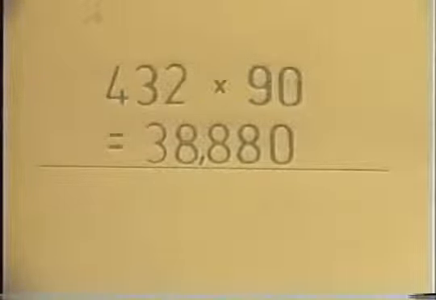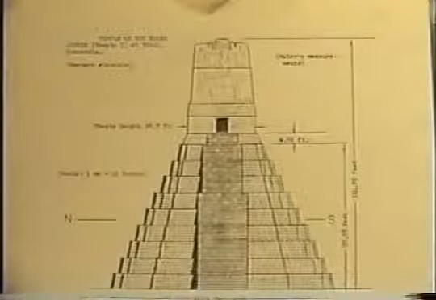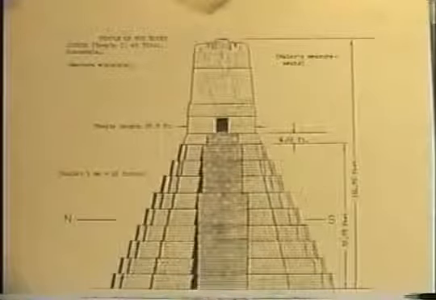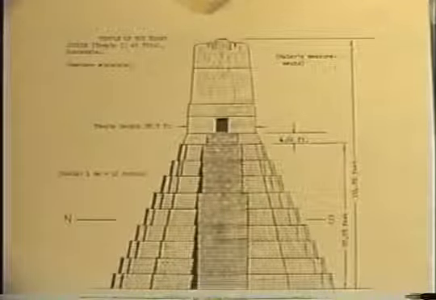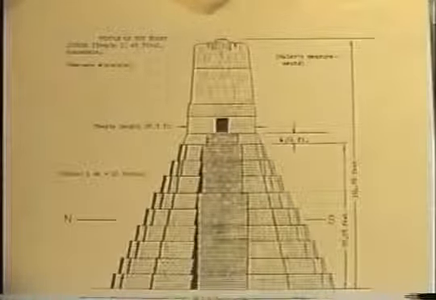432 by 90 makes Temple 1's corners worth 38,880. Okay, what's the next most obvious number shown by the architect? The staircase, of course, and one staircase on 9 terraces equals 10 facial features. Very obvious facial features.